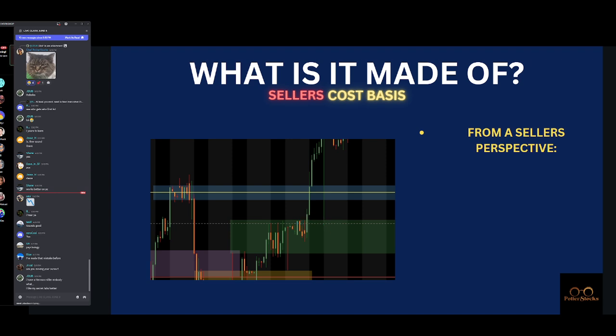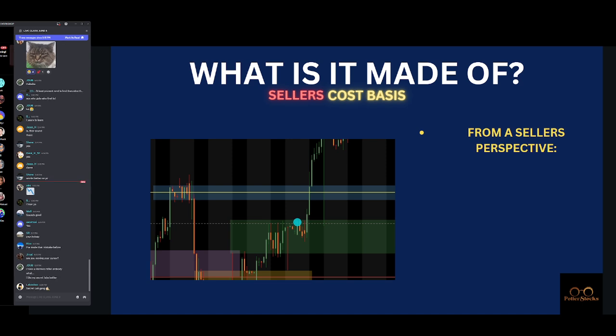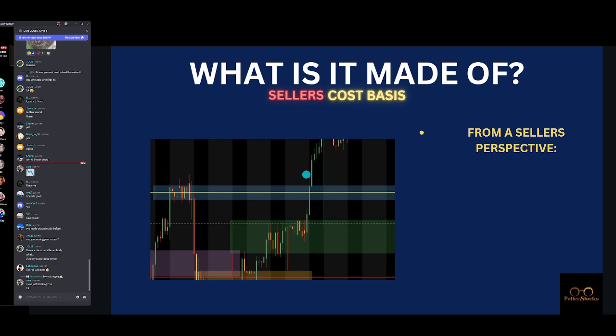Maybe you decide to add to that average, or average down a little bit lower, right? That gets blown through. Price moves up. You find no resistance whatsoever. So now you're negative, right? You owe money to the bank. If that continues to go up, right? People will hold through this.